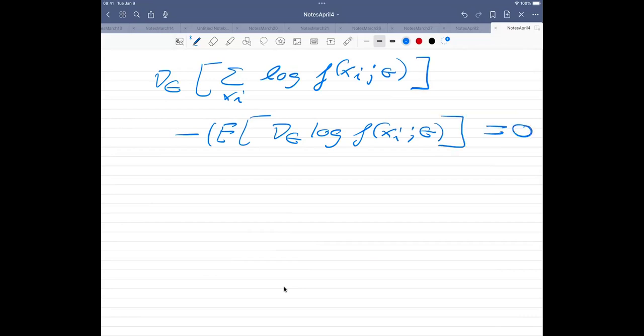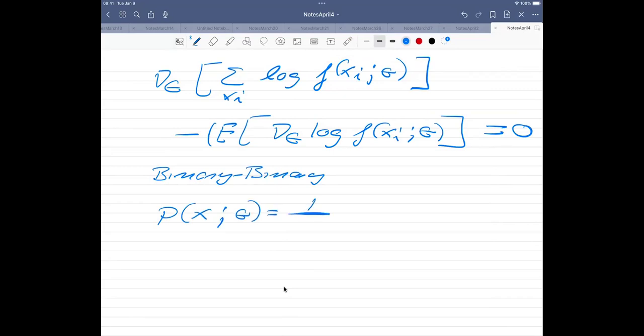So the first quantity is something which we can calculate when we have this model here. If somebody now gives us a Boltzmann machine, just to give you an example, if we have a binary one, that is given by this expression here.